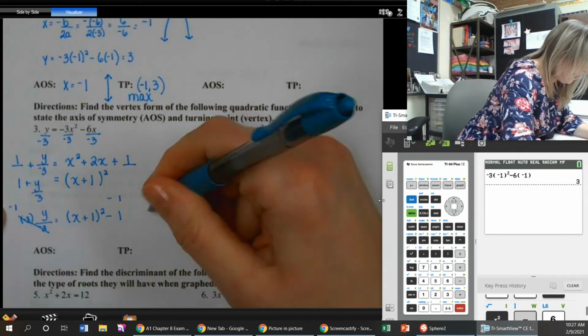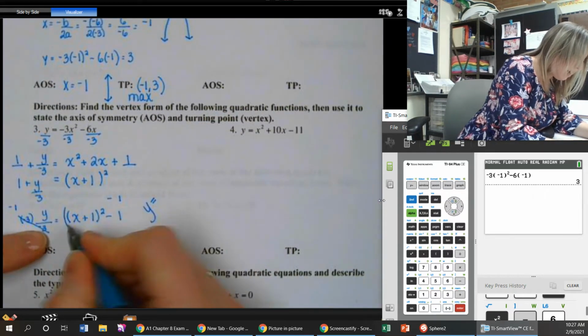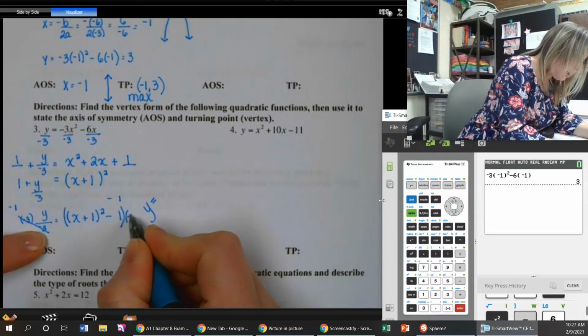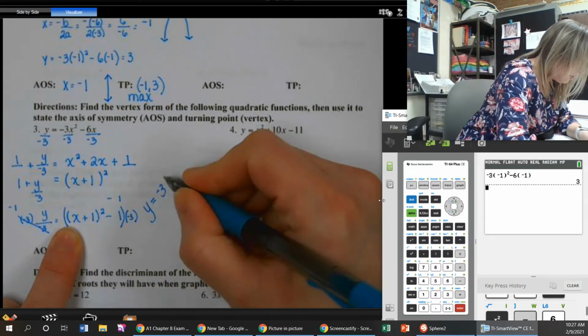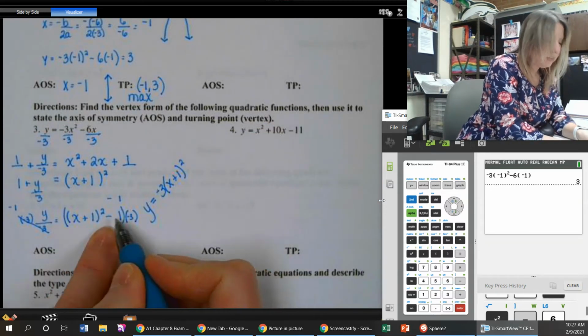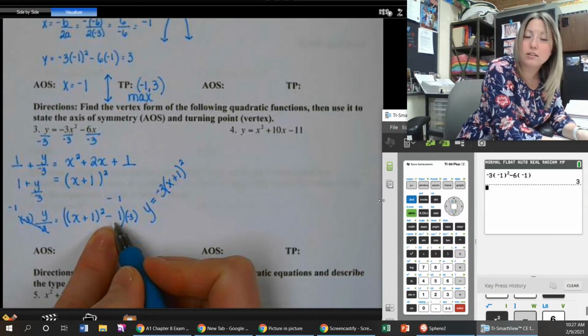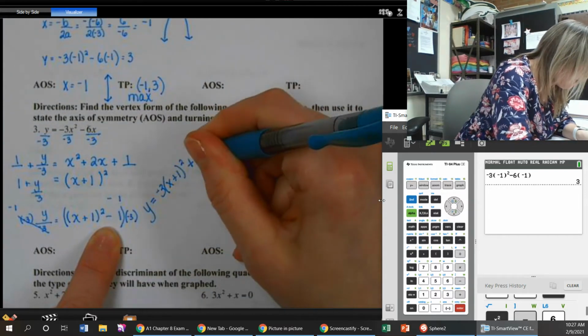And I will write that here. Right? And that means now multiply this entire side by the negative 3. So it just goes in front of the binomial squared. The binomial squared itself does not change. And then negative 3 times negative 1 at the end here is a positive 3 at the end.